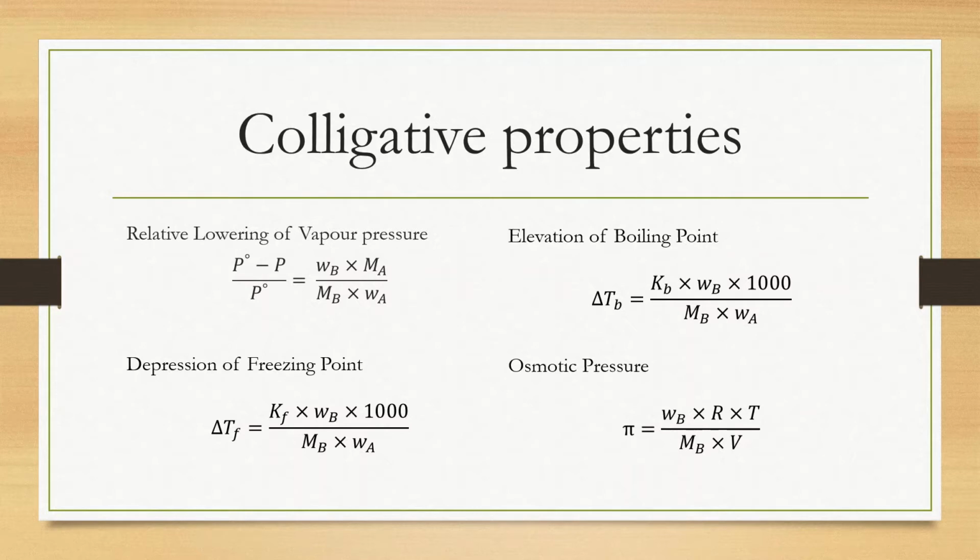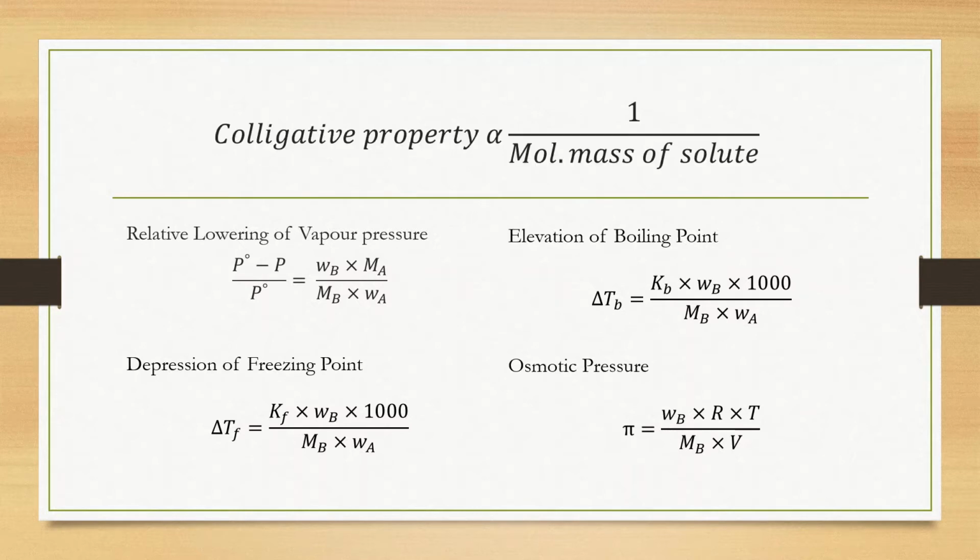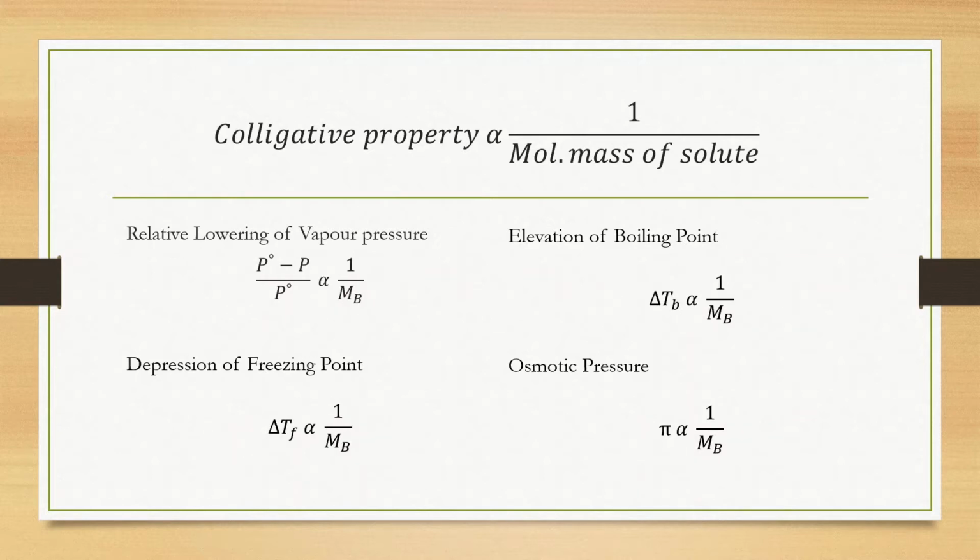Also, since colligative property is inversely proportional to the molecular mass of the solute in the solution, the molecular mass of each of the substances as calculated from the colligative property will be less than its normal value.